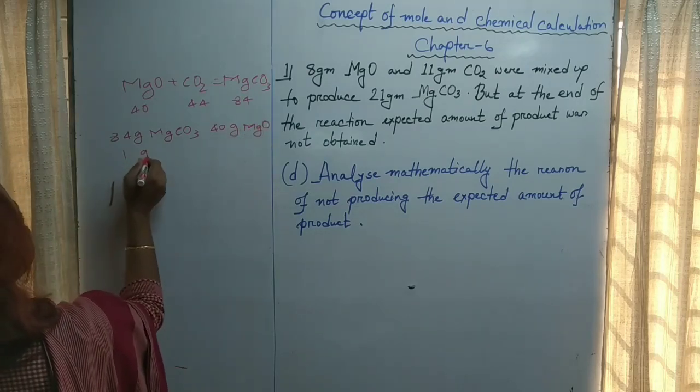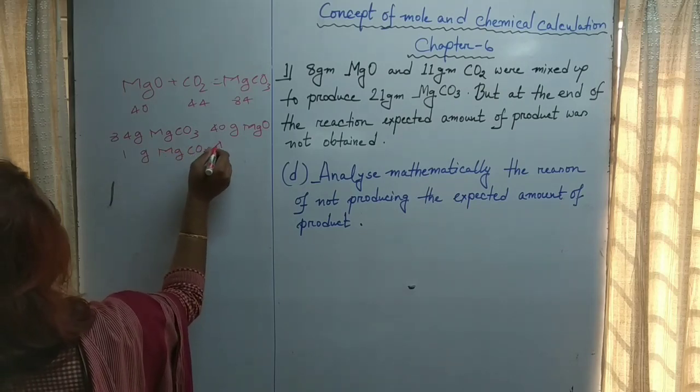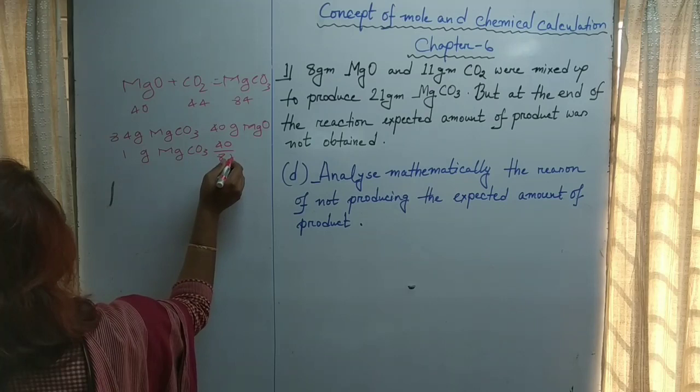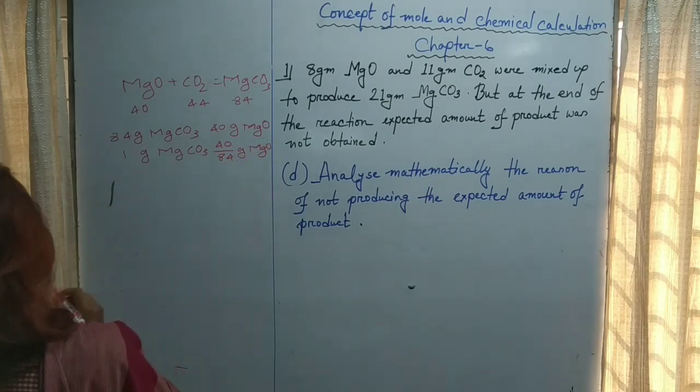Therefore, for producing 1 gram magnesium carbonate, 40 by 84 gram magnesium oxide is needed.